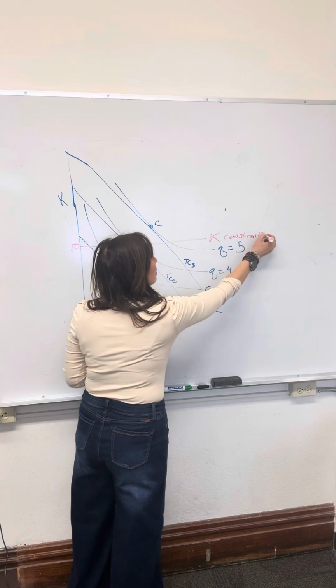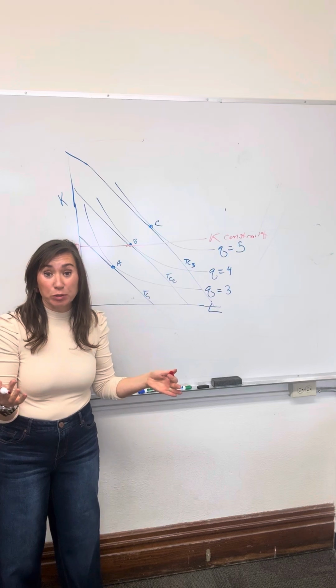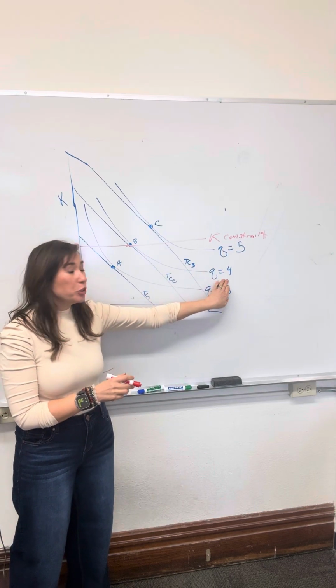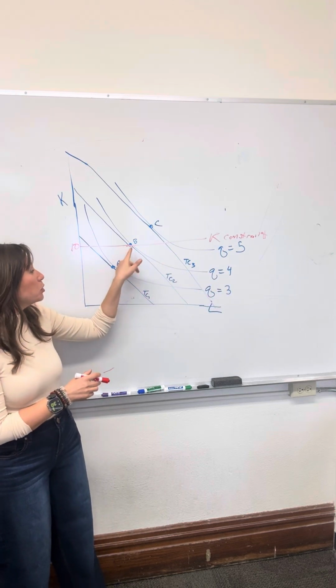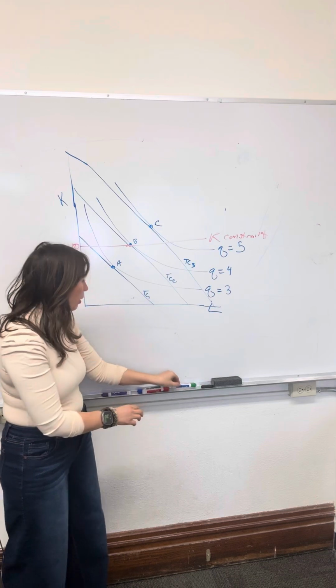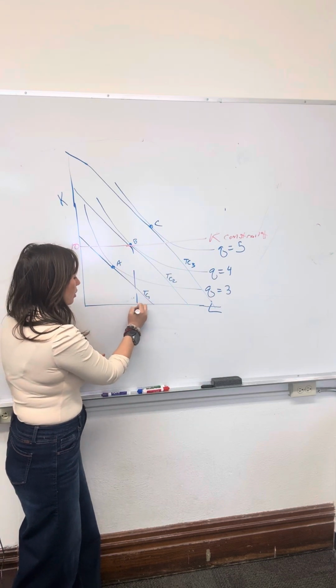And that says that I was producing, obviously I wouldn't have chosen 10 units of capital if I weren't choosing to produce a profit maximizing quantity at 4. And so I was producing using a combination of capital and labor represented by point B. So this is like some amount of labor. Let's call this L naught.